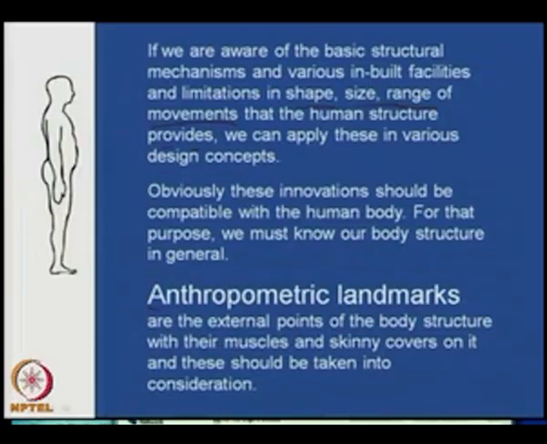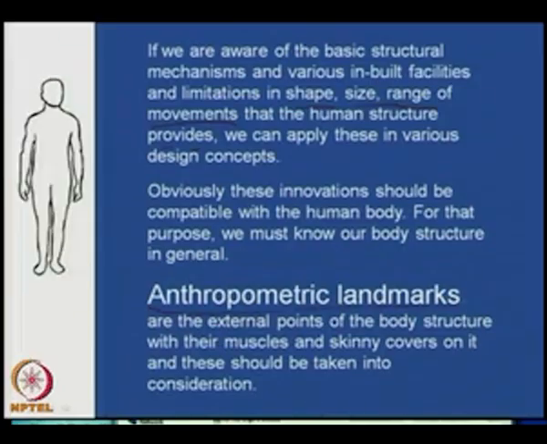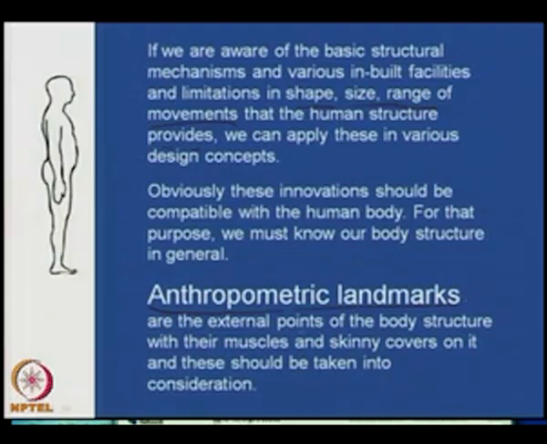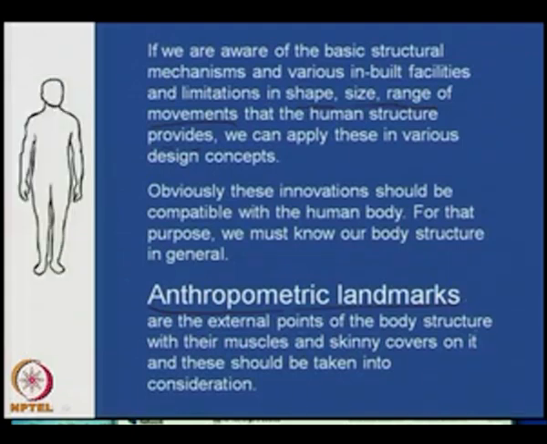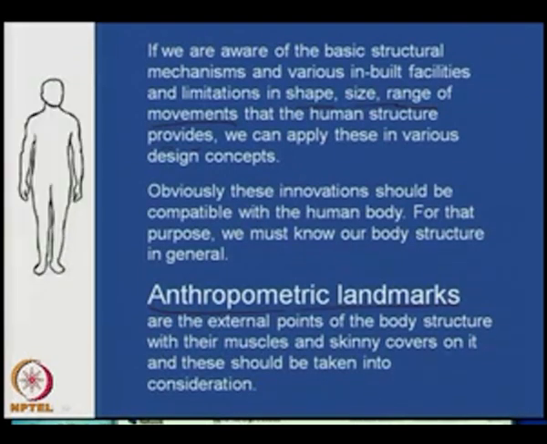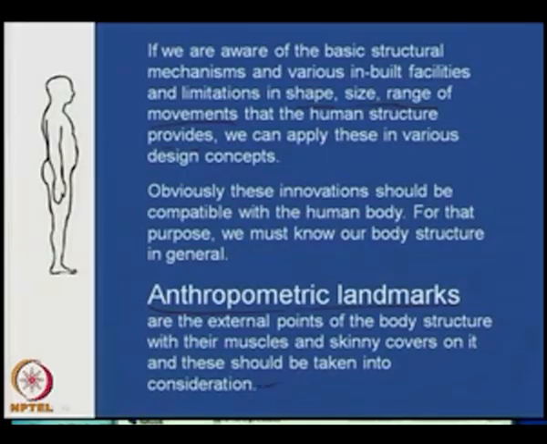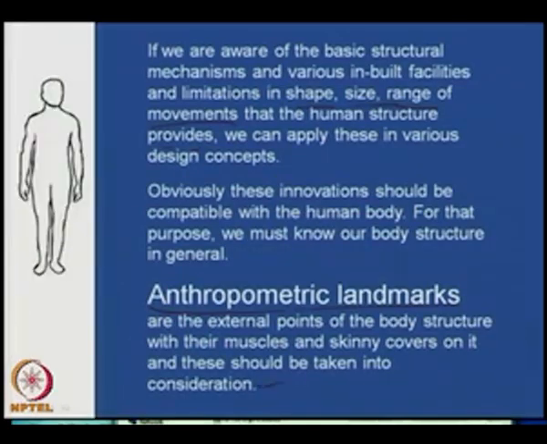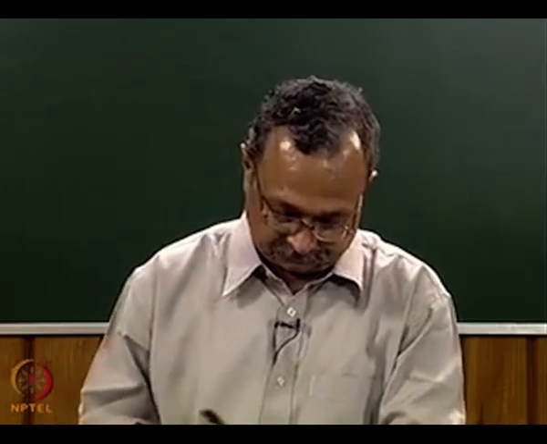Anthropometric landmarks are necessary to understand. These landmarks are the external points of the body structure with their muscles and skinny covers on it, and these should be taken into consideration while making a design attempt.